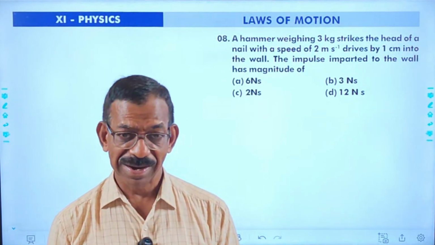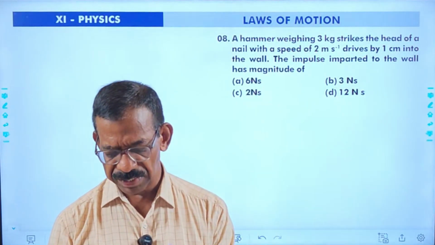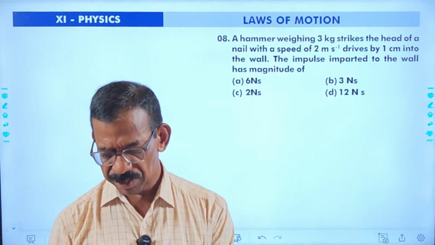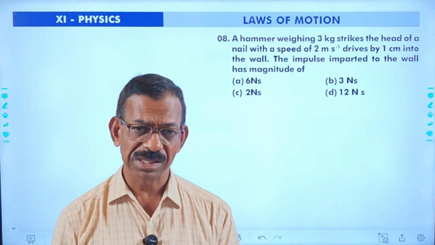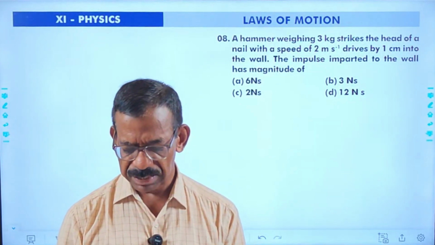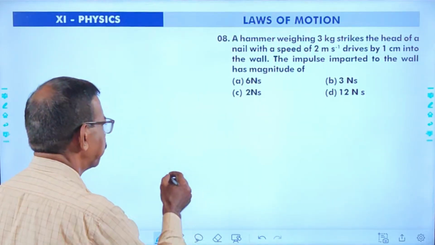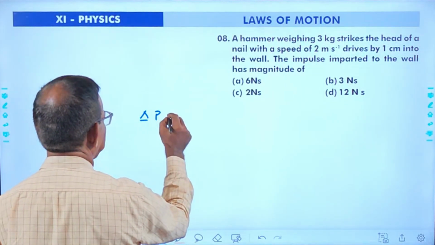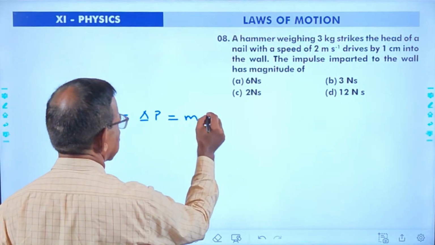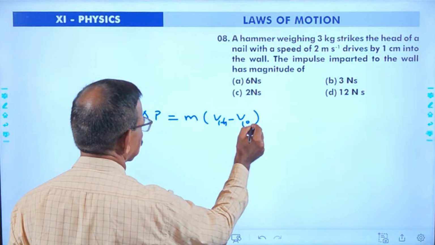Now, there is question number 8. A hammer weighing 3 kilogram strikes on the head of a nail with a speed of 2 meters per second. It drives 1 centimeter into the wall. Then it comes to rest. We have to calculate the impulse. We know that impulse equals change in momentum. That is, impulse equals delta P equals M into (Vt minus V0).